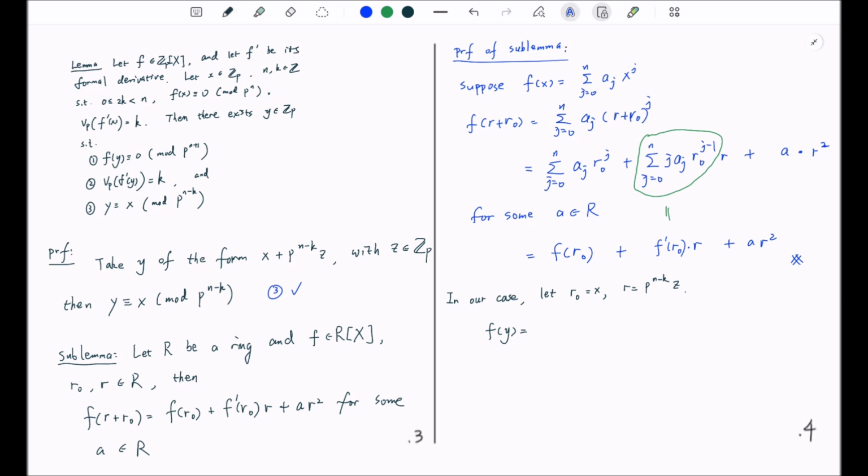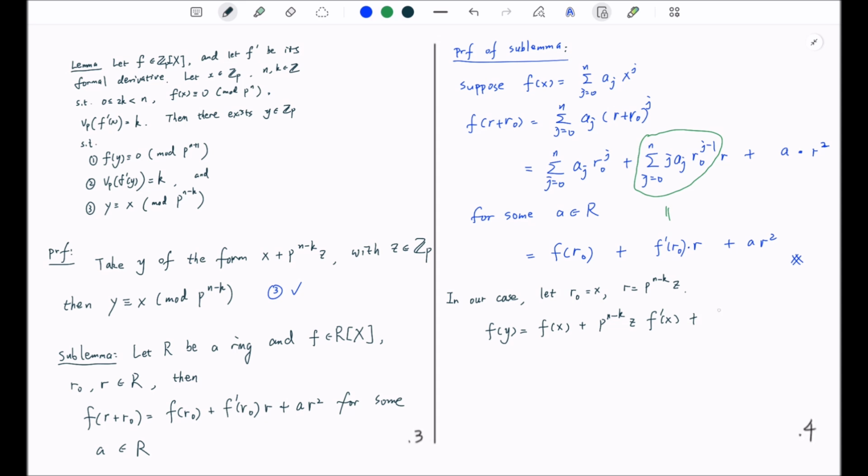f of y, which is x plus p to the power n minus k times z, is equal to f of x plus r, which is p to the power n minus k times f prime of x.